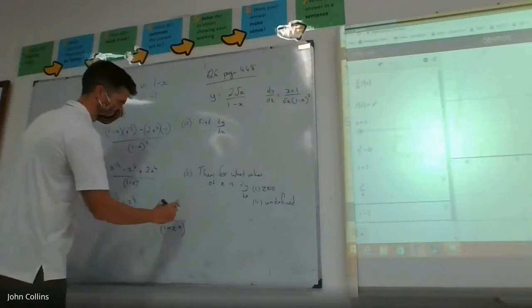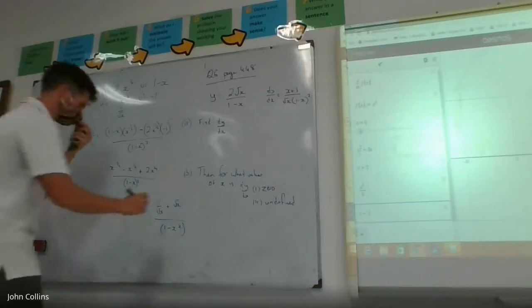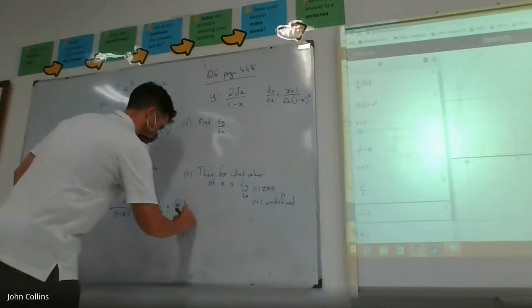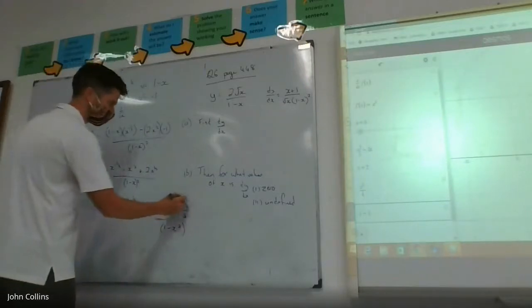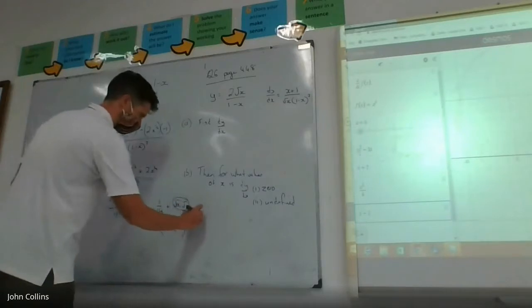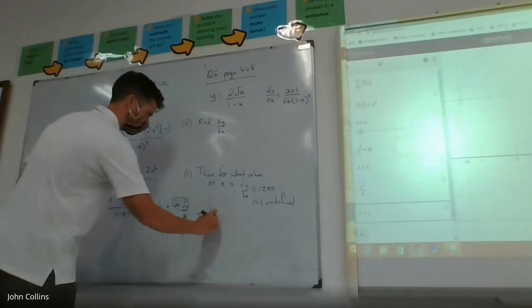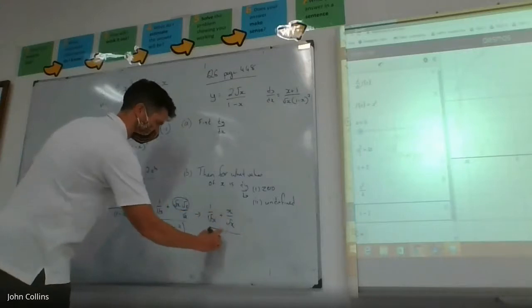So make it a common denominator: multiply this by root x and root x. What happens on top? We get 1 plus x over root x. So that's 1 plus root x plus x over root x, all over 1 minus x.